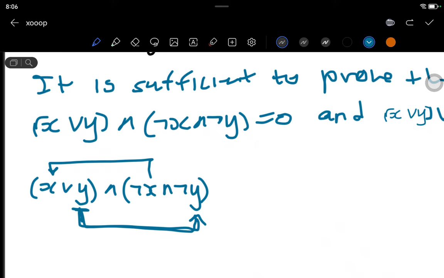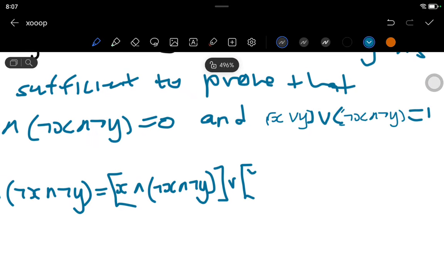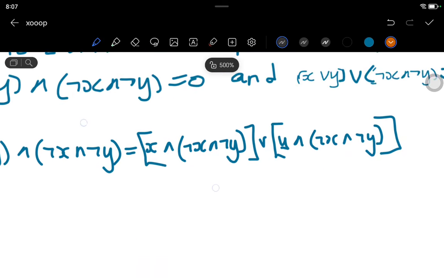So we are going to distribute here and say that this is equal to X and negation of X and the negation of Y. Then I close here, I put or. Then I distribute the one of Y. I say Y and negation of X and negation of Y. The reason why we want the signs to be the same inside here when we're distributing is so that we can apply associative law.